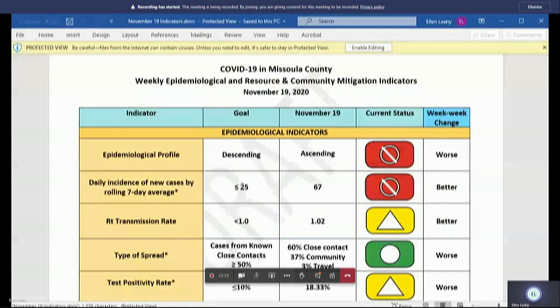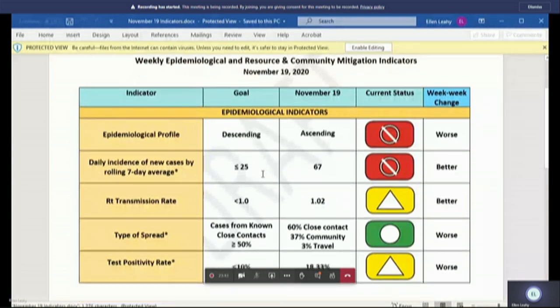I am glad to say that for 3 days in a row, we've actually been getting better. It's not long enough with a 14-day incubation period to call it a trend, but we are at 67. So coming back down for several days right there. Still it's red because we are above 25 incidents.